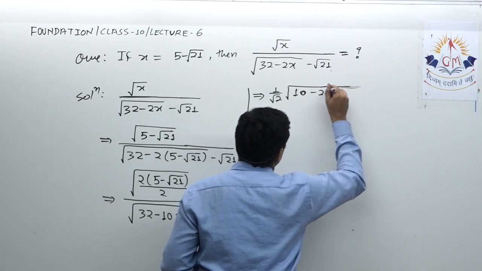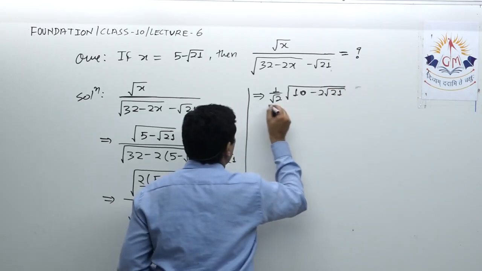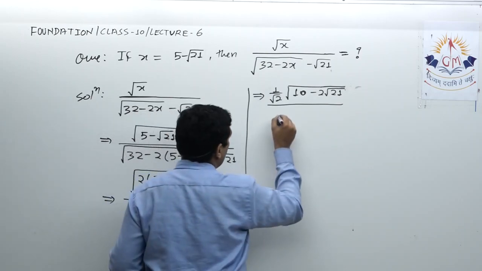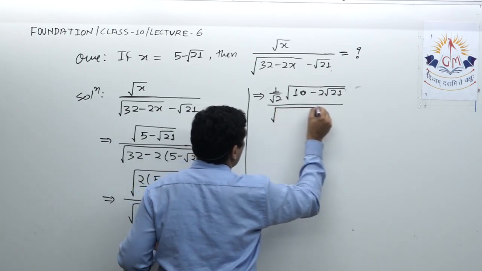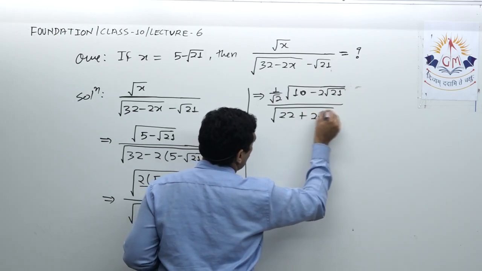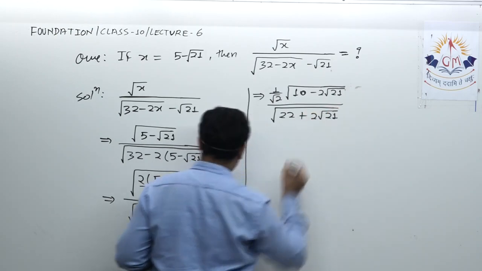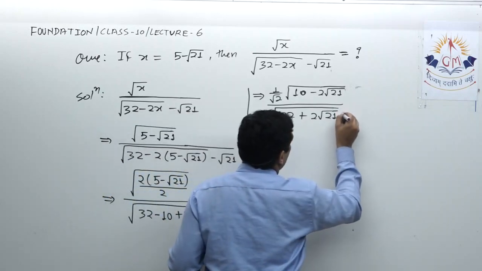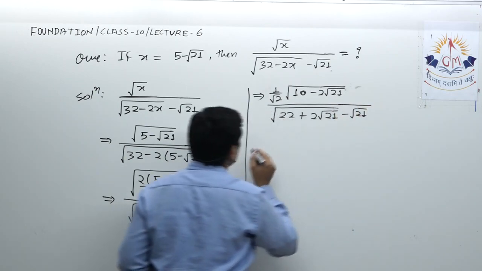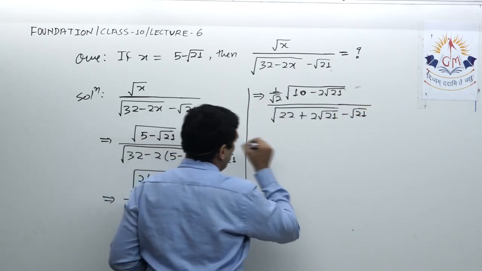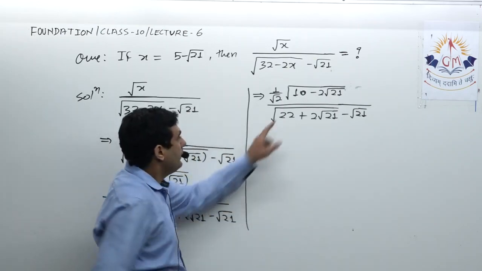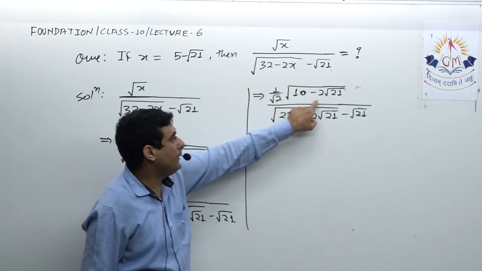In the denominator, 32 minus 10 is 22, so here I will get the square root of 22 plus 2 root 21, minus root 21. Now this root 2 I will bring down. Before that, I have to find the square root of this 10 minus 2 root 21.